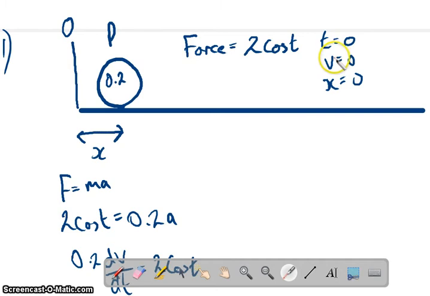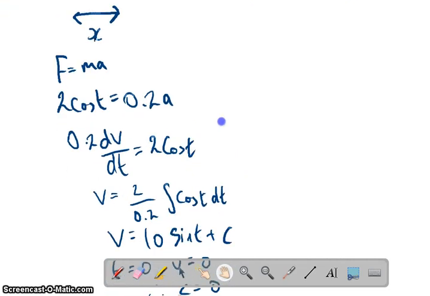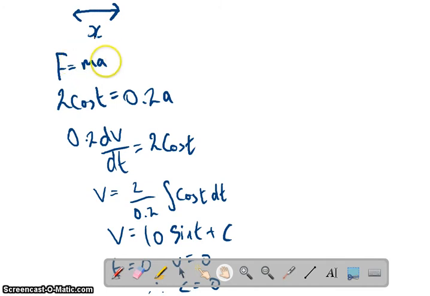So we're going to go through the first few bits. The first part of the question is calculate the speed of P when t is equal to 2. Sorry, initially it's at rest at point O. So, from force equals mass times acceleration, 2 cos t is equal to 0.2 a.